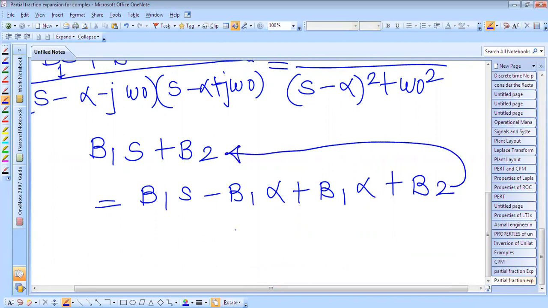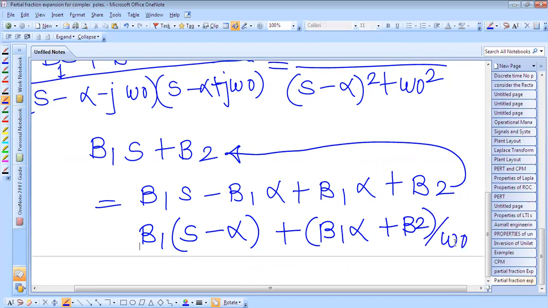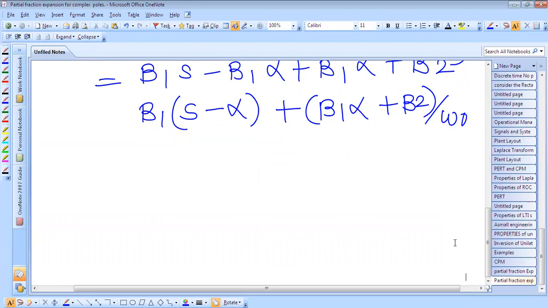Further, we can take b1 outside the bracket, and what remains is b1 alpha plus b2, divided by omega naught.